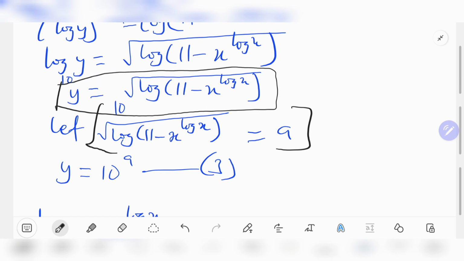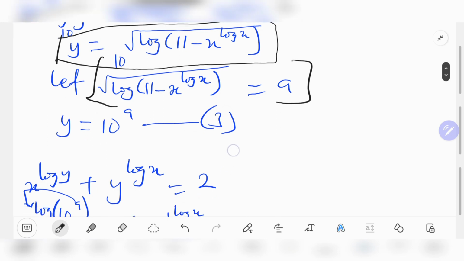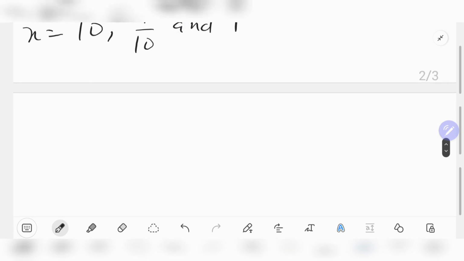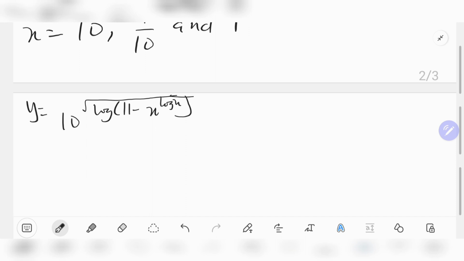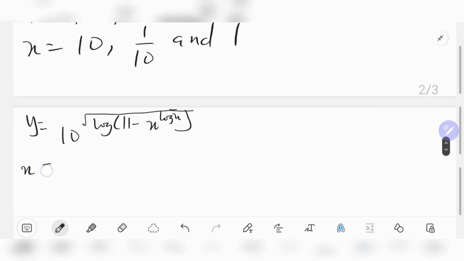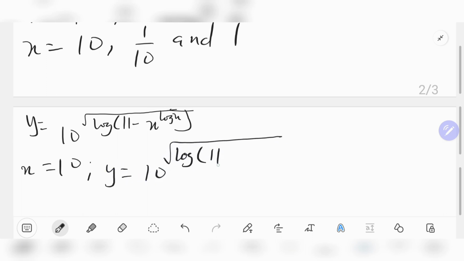All right, so y equals 10 to the power square root of this whole expression. Now let's take each value of x one after the other. When x is equal to 10, I'm going to get y to be 10 raised to the power square root of log 11 minus 10 to the power of log 10.